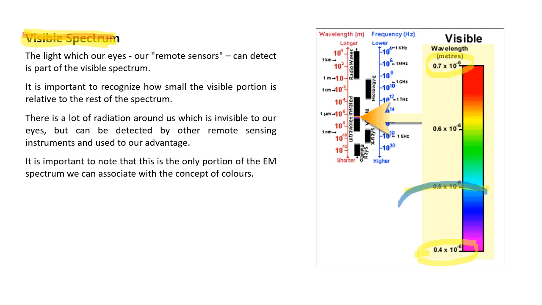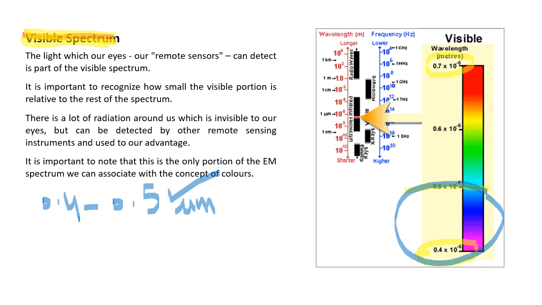Remember, it's not given here, but 0.4 to 0.5 micrometer band is the blue energy. Remember this, it's very important: 0.4 to 0.5 micrometer is the blue light.